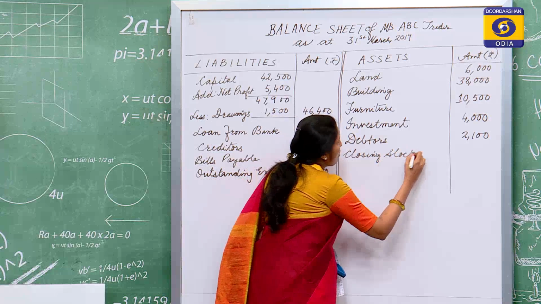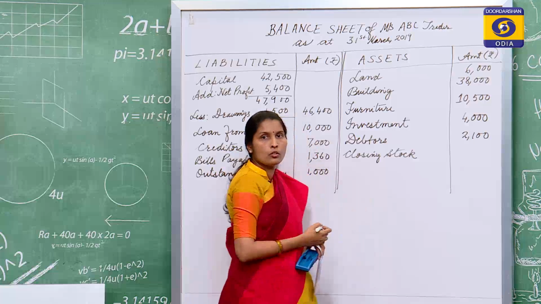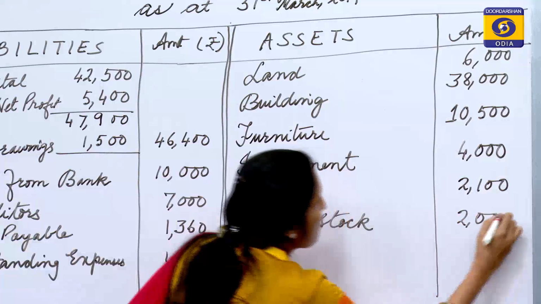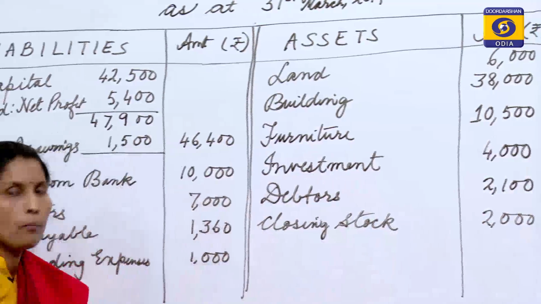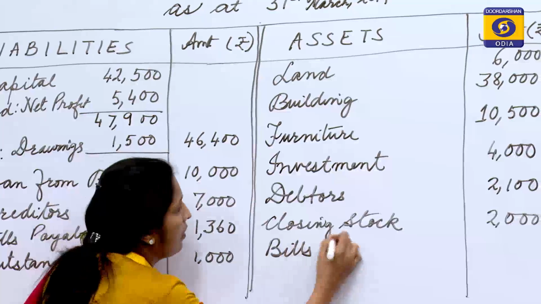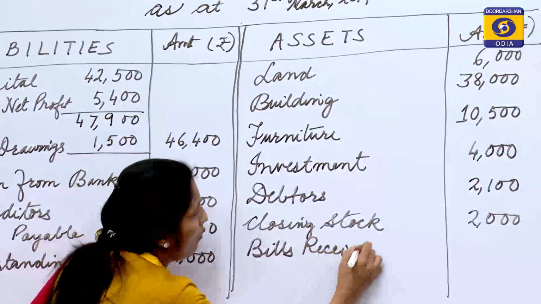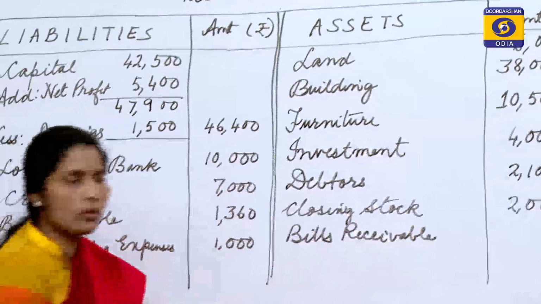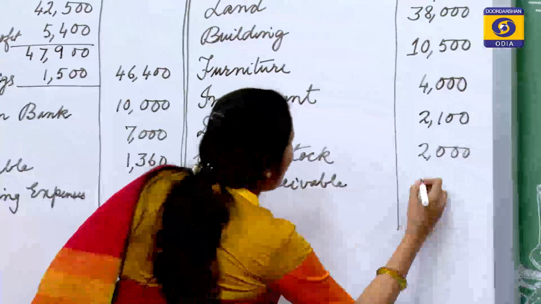So the closing stock amount is rupees 2,000. Next we have bills receivable. So bills receivable amount given to us is how much? Rupees 2,480.